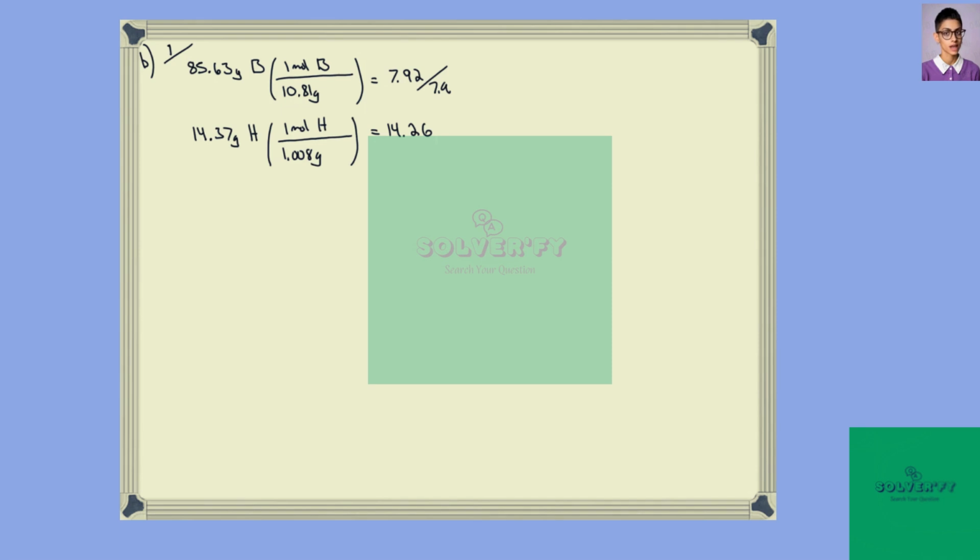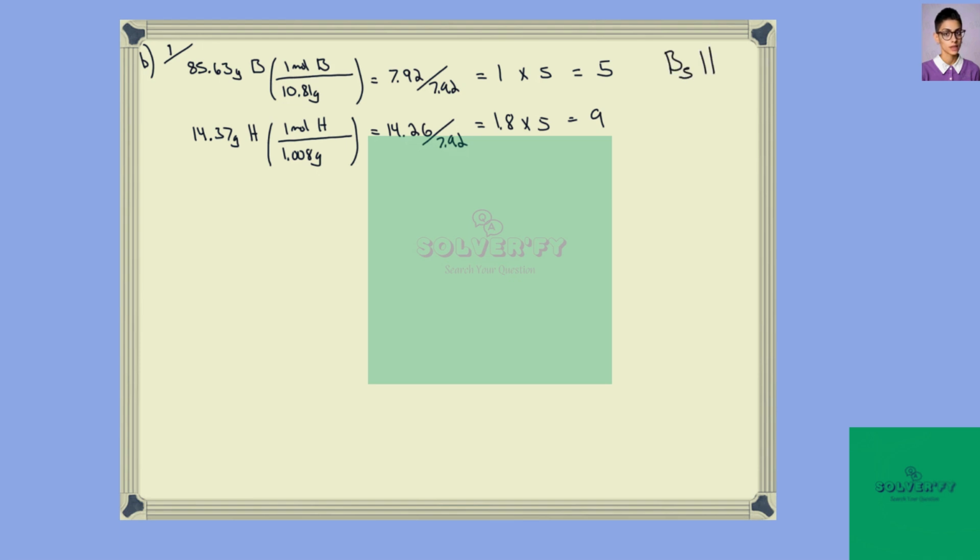But it would be nice to express this ratio in whole numbers instead of decimal numbers. So we'll divide by the smallest one, and we get 1 mole boron for every 1.8 moles of hydrogen. If we multiply both of those by 5, we should now get whole numbers. For every 5 moles of boron, there are 9 moles of hydrogen.